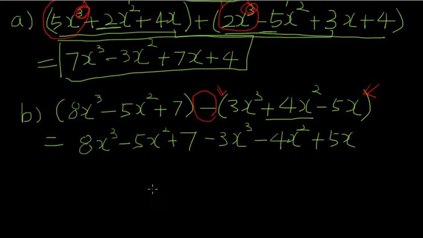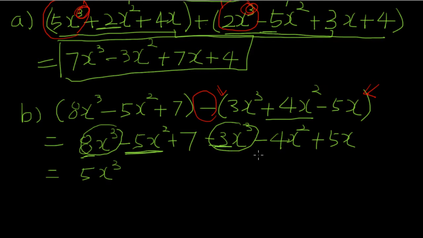All right, so now you just need to combine the like terms. Now let's see, this and this are like terms. 8 minus 3, so that will be 5x to the third. Now negative 5x squared and negative 4x squared.